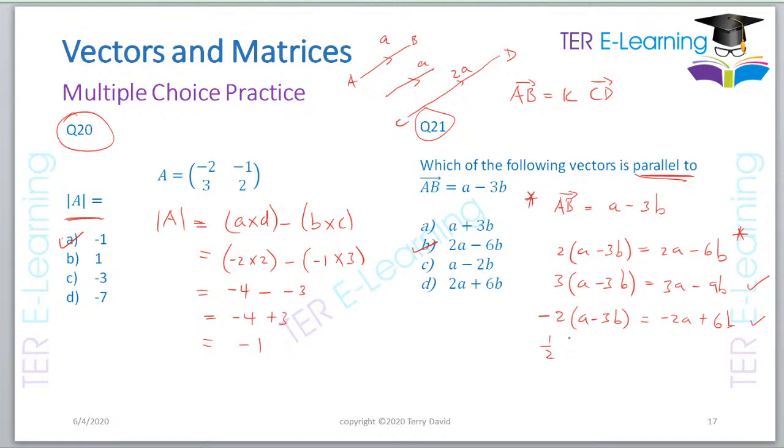A half multiplied by A minus 3B will give me a half A minus 3 over 2 B. This is also another vector that is parallel. So vectors are parallel if we can show that one vector is a multiple of the other vector. So the answer is B for question 21. I'm seeing most of you got that.